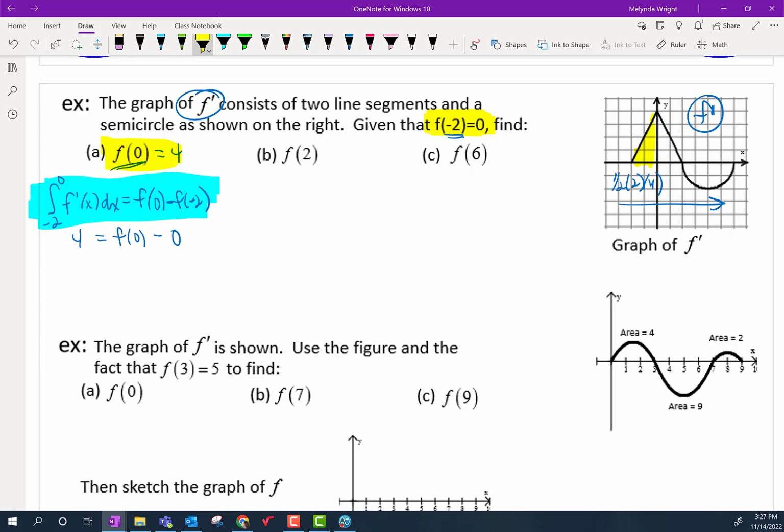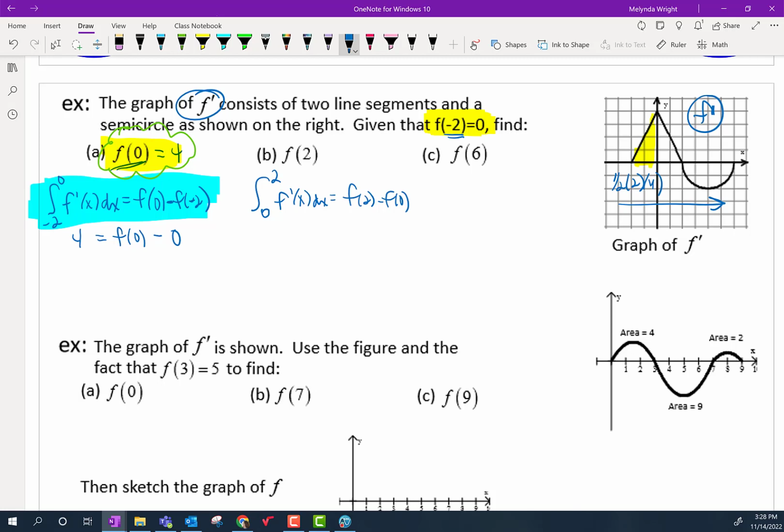It doesn't matter. You're going to get the same answer. But again, I'm feeling pretty good about this, so I'm going to utilize this information in my new integral. So we're going to integrate from 0 to 2 of f prime of x dx, and that's going to be f of 2 minus f of 0.